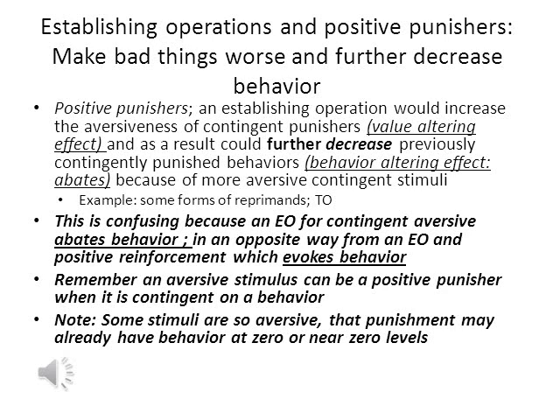This can be confusing because an establishing operation for a contingent aversive abates behavior, but an establishing operation for a positive reinforcer evokes behavior. So the abating and evoking are not always associated with either establishing or abolishing. It depends on what's being established or abolished. You establish contingent aversive, you abate behavior. You establish contingent positive, you evoke behavior.